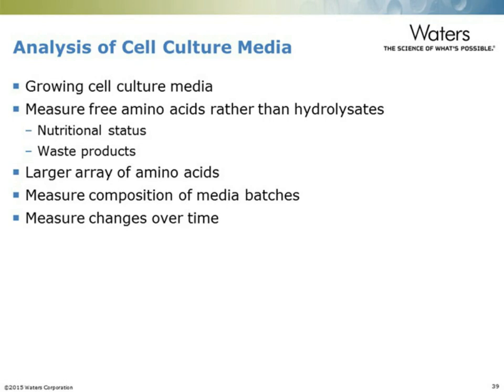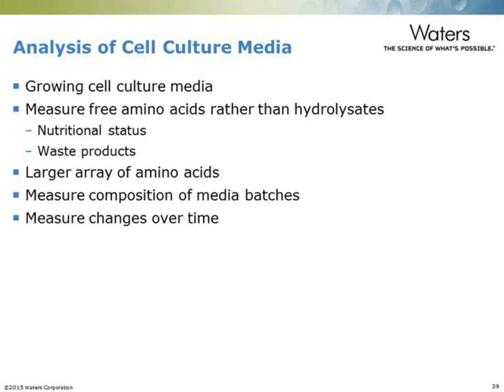First of all, we're looking at the amino acids that are damaged in acid hydrolysis but are used by proteins, things like glutamine and asparagine that are critical to the cells but would not be present in a protein hydrolysate. We're looking at the composition of batches of media as part of the optimization of the growth cycle, but we're also looking at changes over time to determine when the media needs to be refreshed, when the cells need to be fed. So we're looking at the composition, and we're looking at changes in the composition as a function of time.